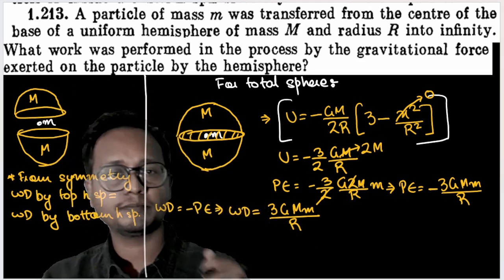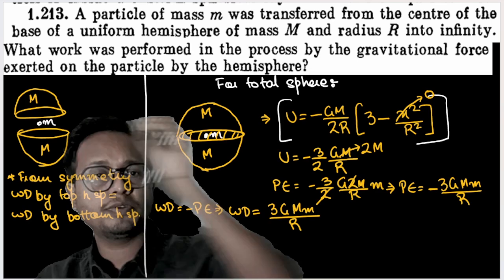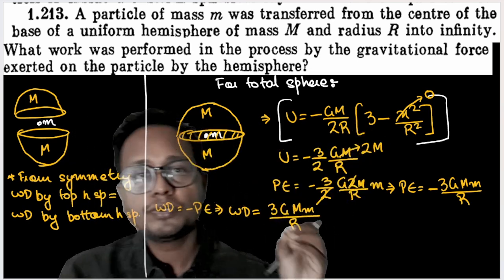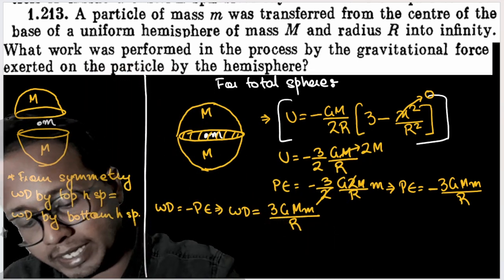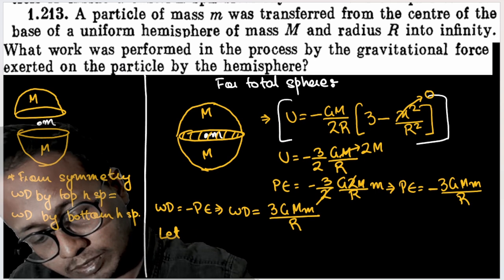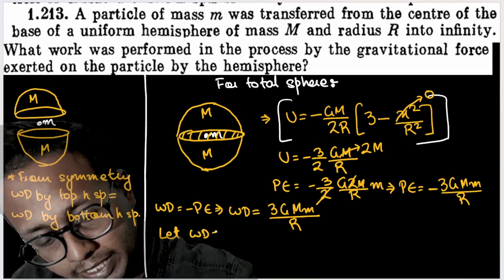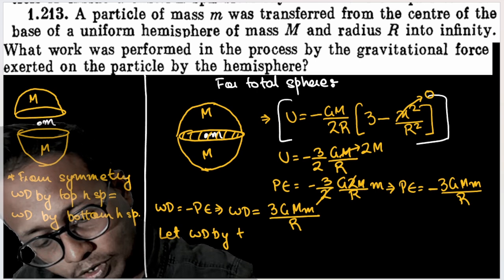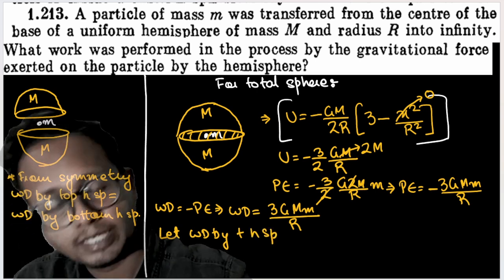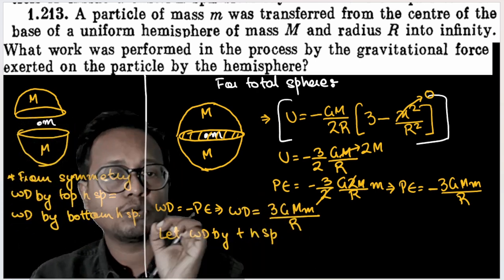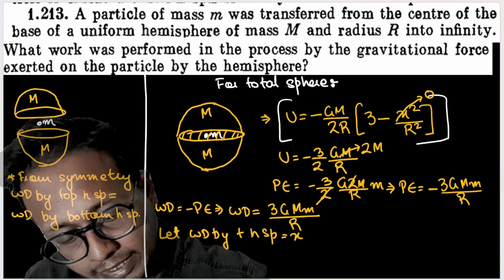Because they are symmetrical in nature. And I'm moving this particle from this point to infinity. Fair enough. So let work done by top hemisphere, or work done against top hemisphere, be x. THSP is nothing but top hemisphere. So work done by top hemisphere is equal to x.